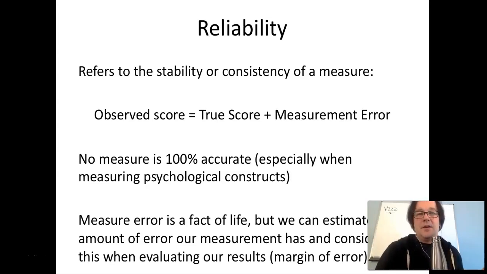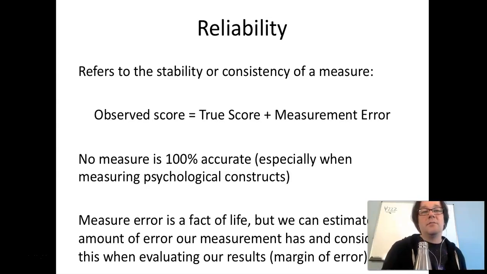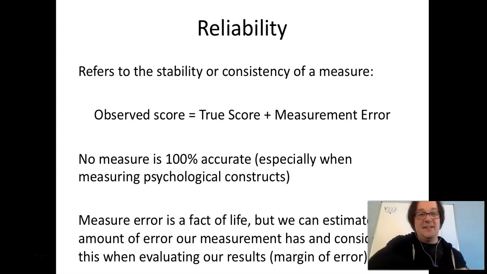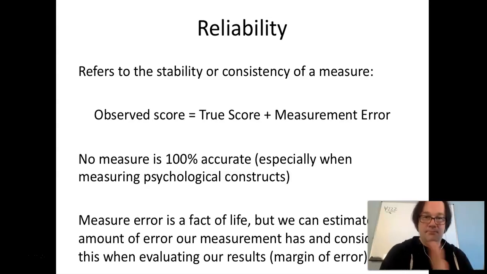Well, now we got to talk about whether the measures that we're going to use are reliable. And what do we mean by reliable? Well, reliability refers to consistency, essentially. Whether your measure is stable or consistent over time is a big one.